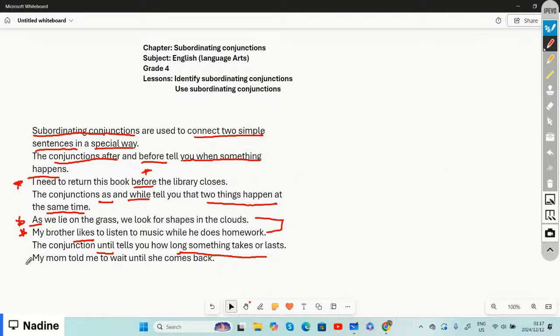If we look at an example of a sentence that uses until, it says, my mom told me to wait until she comes back. So, how long is that going to take? I'm not sure, but I need to wait.